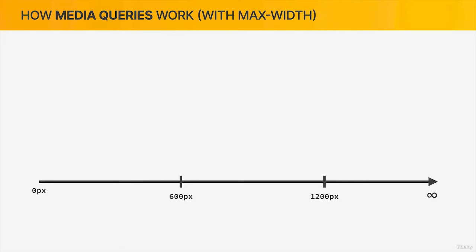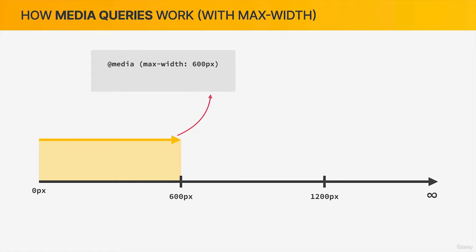So let's say that we wanted to apply a certain style for the range between 0 and 600 pixels. So then we could write a media query like this. So we would write @media and then max width 600 pixels. So basically, this media query checks if the current viewport width is smaller or equal than 600 pixels. And if it is, then all the CSS code that is in this media query will apply.